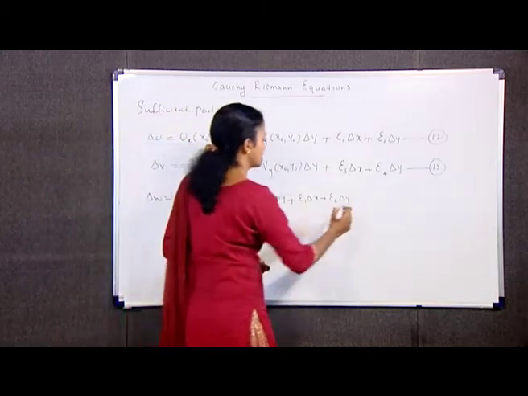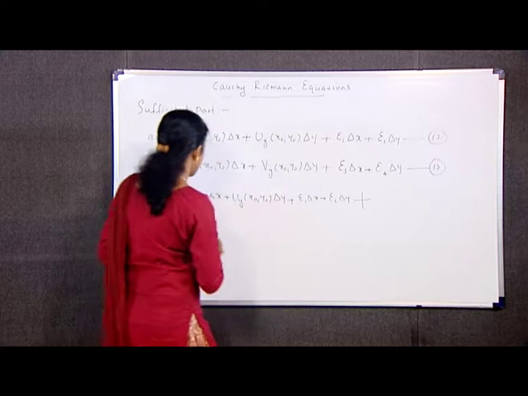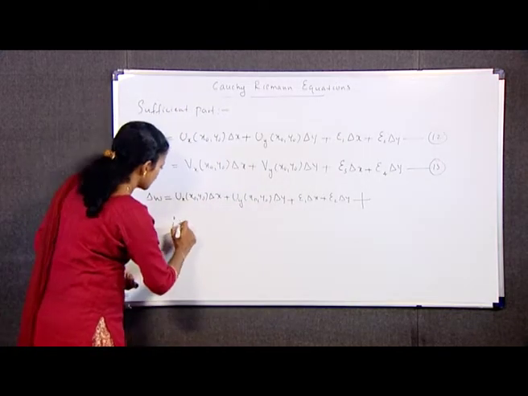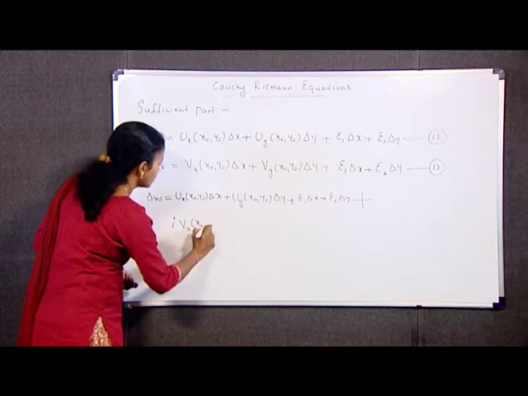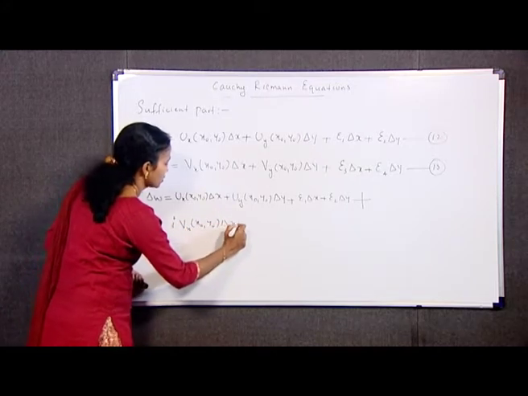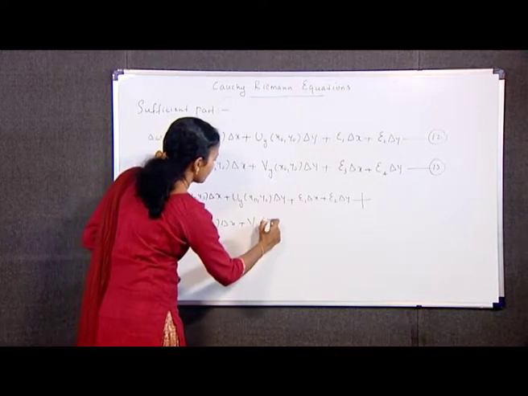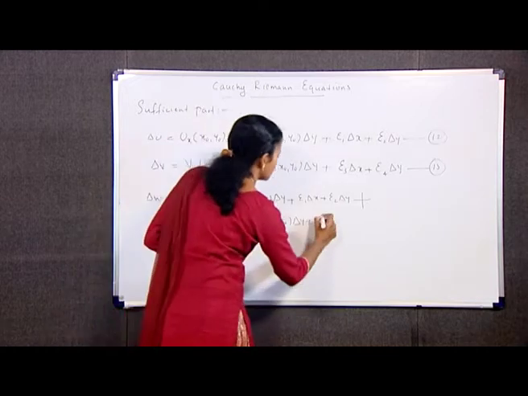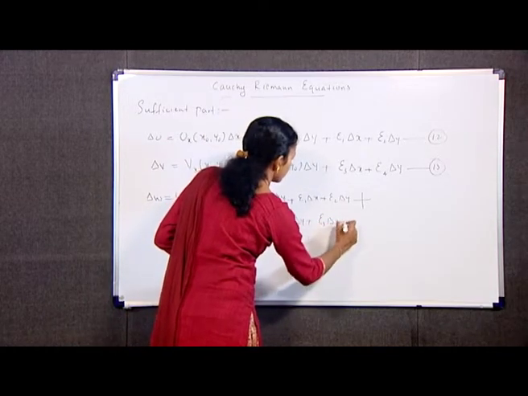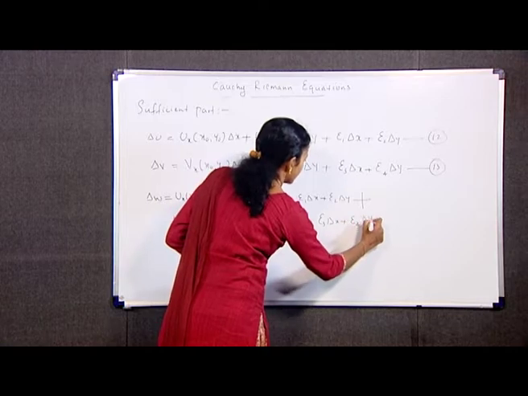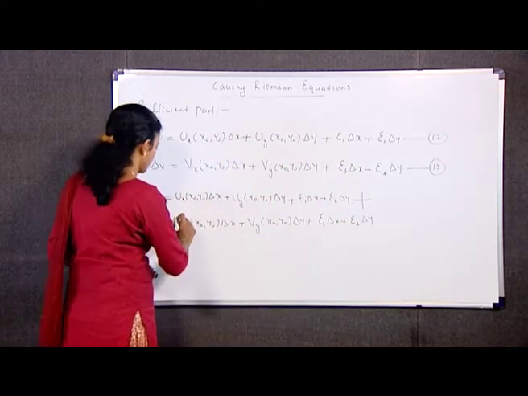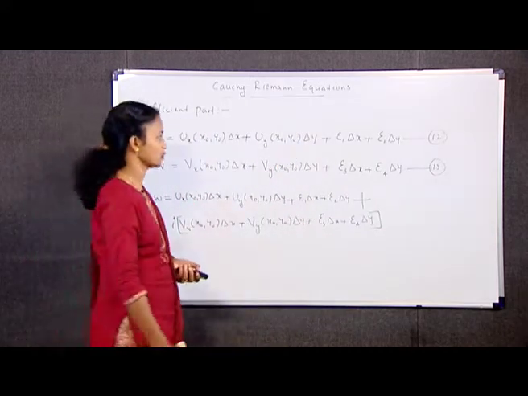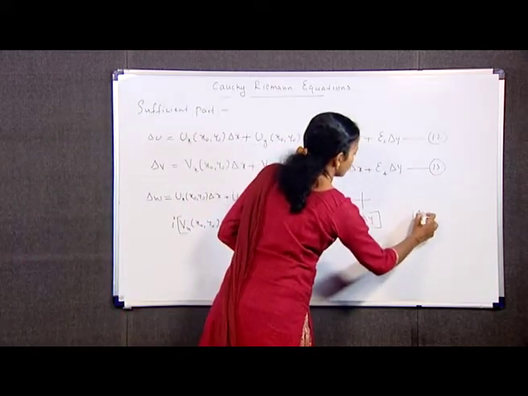Plus i into vx(x naught, y naught) into delta x plus vy(x naught, y naught) into delta y plus epsilon 3 delta x plus epsilon 4 delta y. This i is common for this one. Equation number 14.